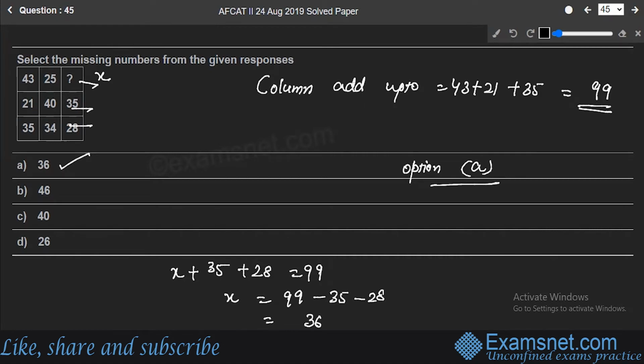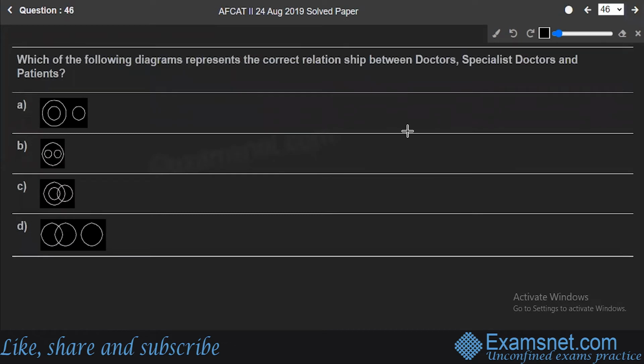Next question, 46. Which of the following diagrams represents a correct relationship between doctors, special doctors, and patients? See, patients and doctors, obviously doctors diagnose the patients, but they are two different entities. Yes, of course, there are doctors and there are some special doctors.